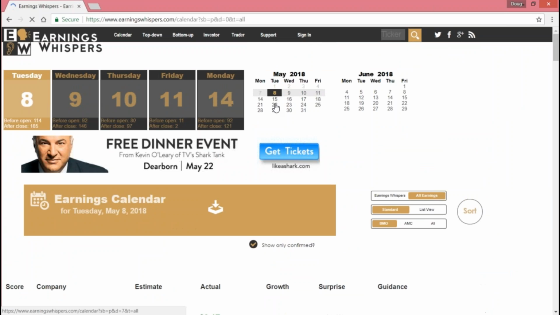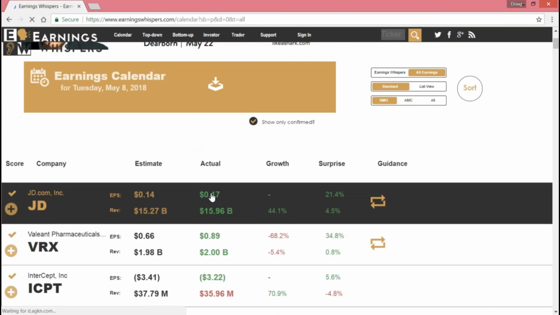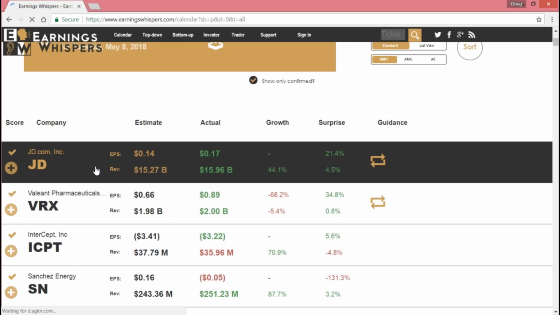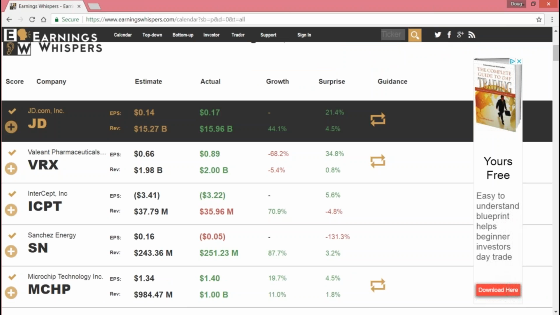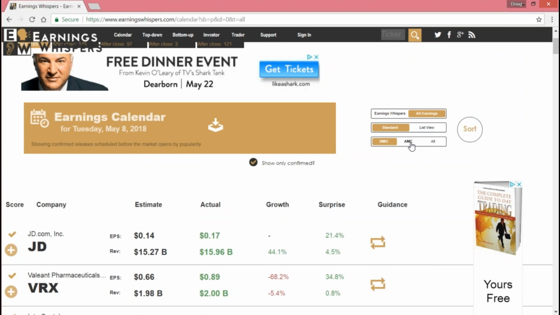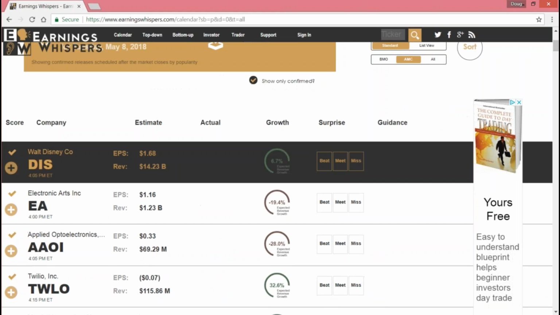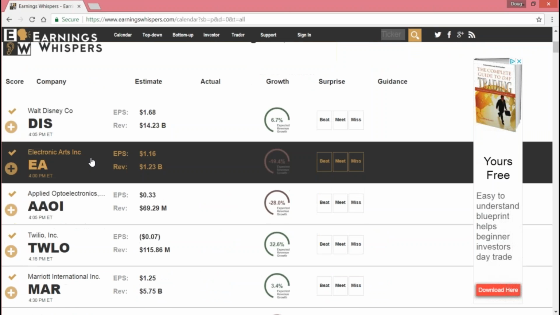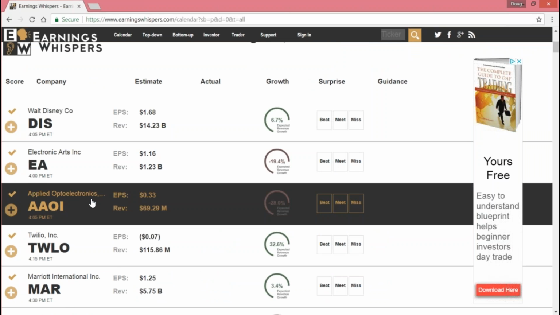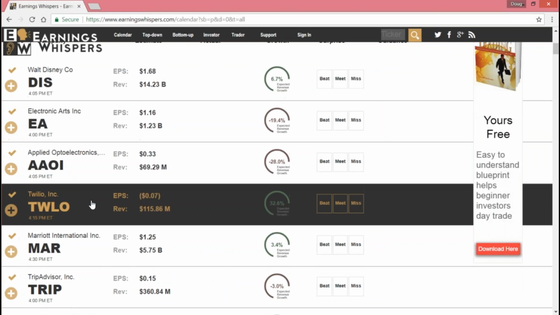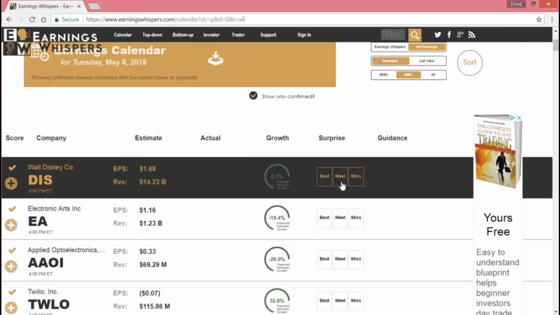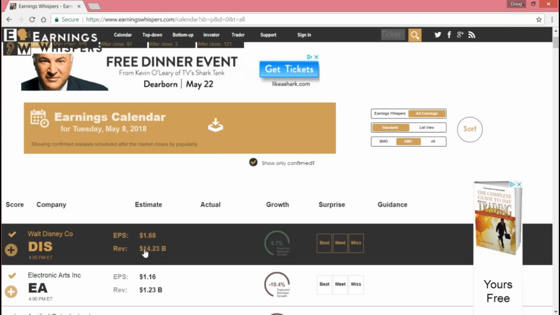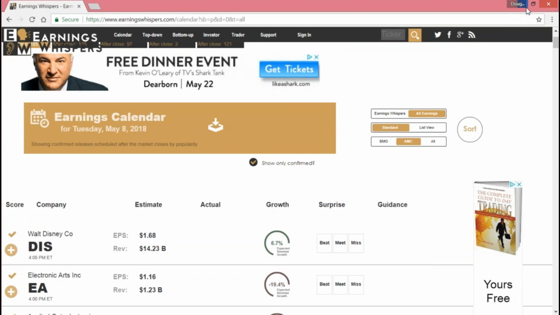Tuesday. There we go. Yeah, I didn't think we had much today. JD, Valiant, ICPT, but the big one I think is after the market. Yeah, it's Disney. We've got Disney, Electronic Arts, Applied Optoelectronics, and Twilio would be the big one. TripAdvisor, Marriott. So there's a few, but Disney's going to be the main one that the market's going to pay attention to after the market.